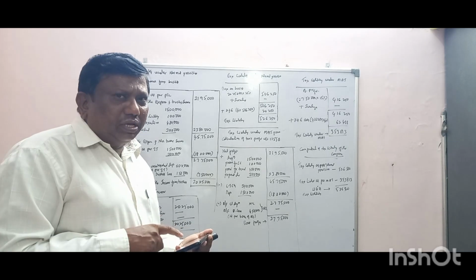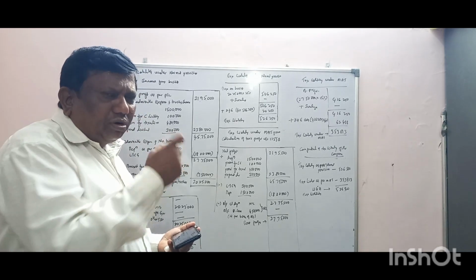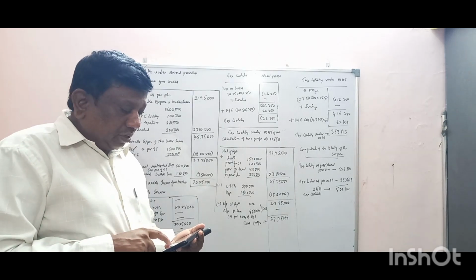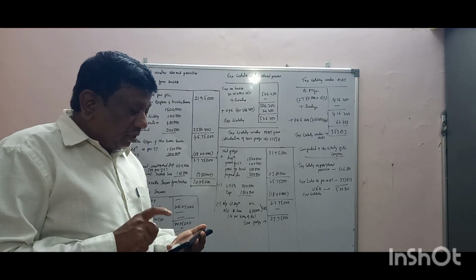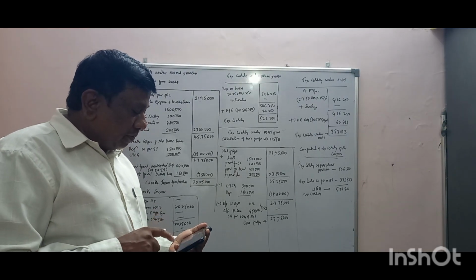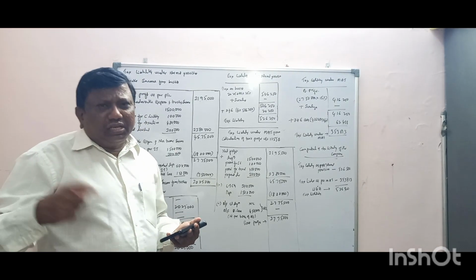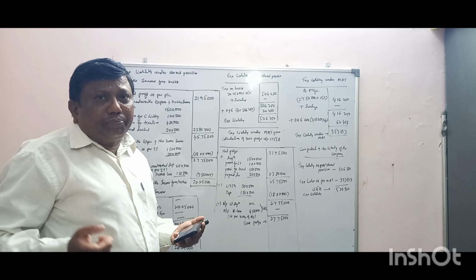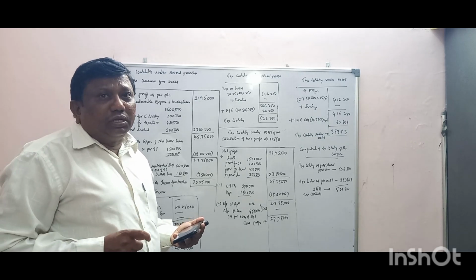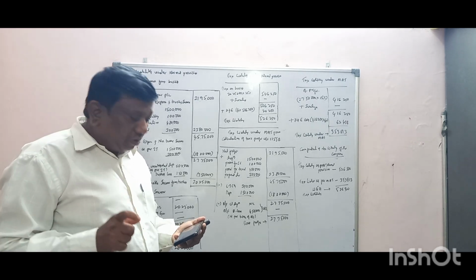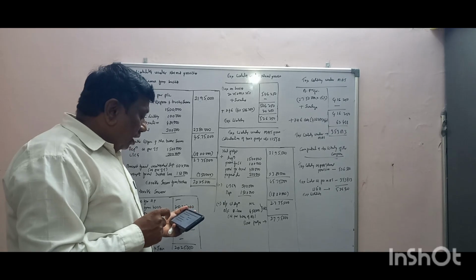So that is admissible only. So I am adding the same amount and subtracting the same amount, because no other amounts are given here. Then brought forward loss. If there is any loss of previous years, that should be carried forward. In income tax there is one chapter, carry forward.